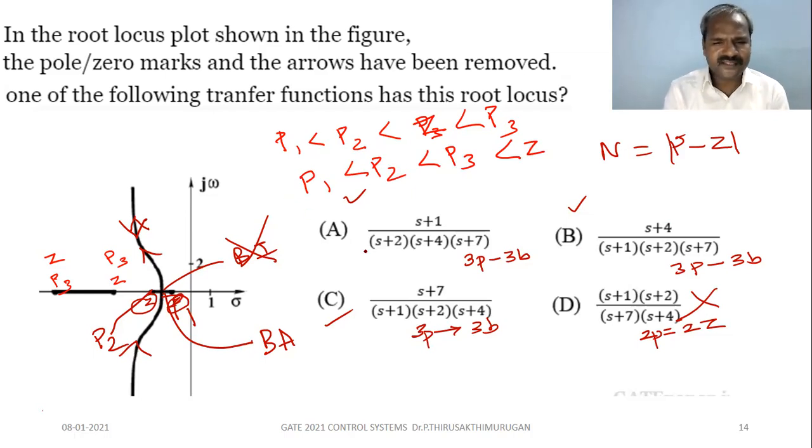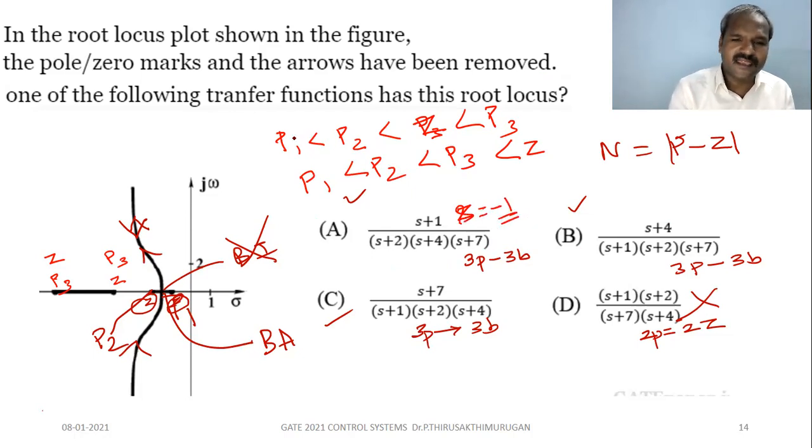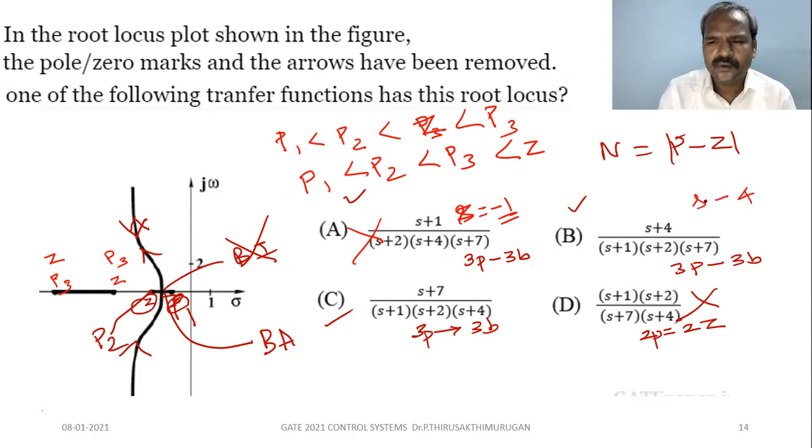So first, in the first equation, what is Z? Z is 0 at S equal to -1. So the Z is not present here, so A also fails. A is not applicable. Then go here, whether B. So what is B? S equal to pole at -4.